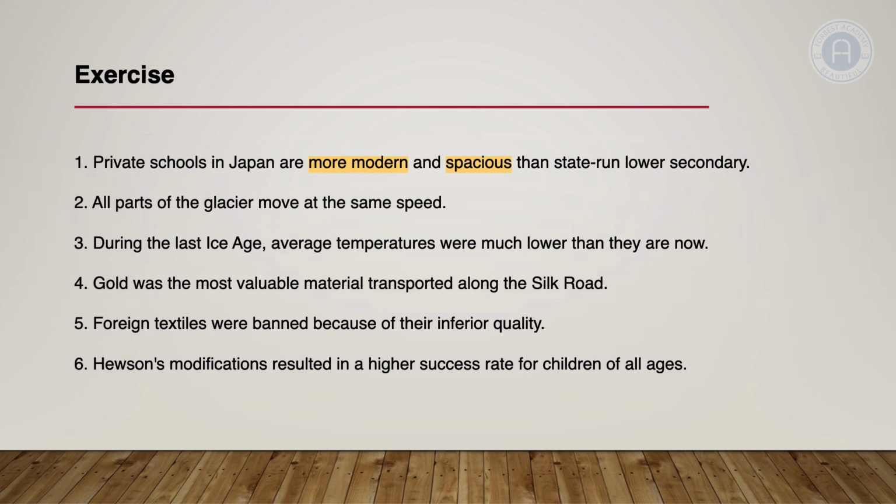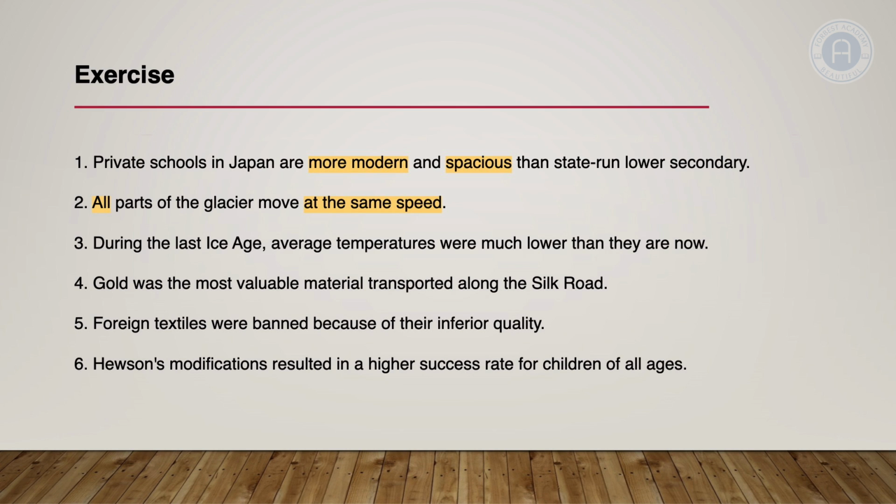Number two, all parts of the glacier move at the same speed. So we have two very important keywords here. One of them is all, which indicates a generalization, and the other is at the same speed. If some parts of the glacier do not move at the same speed, then this statement is false.